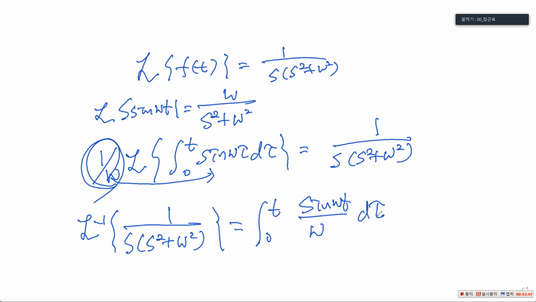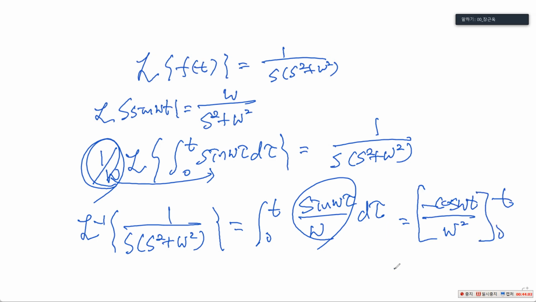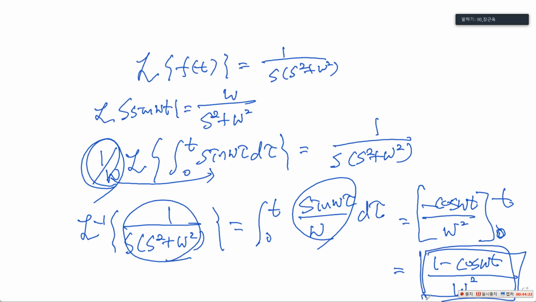Here it has to be tau, sorry. The integration from zero to t gives 1 minus cosine omega t. Okay? So now by the formula of the integration of the Laplace transformation, we can have the inverse transformation, and this is given by here.